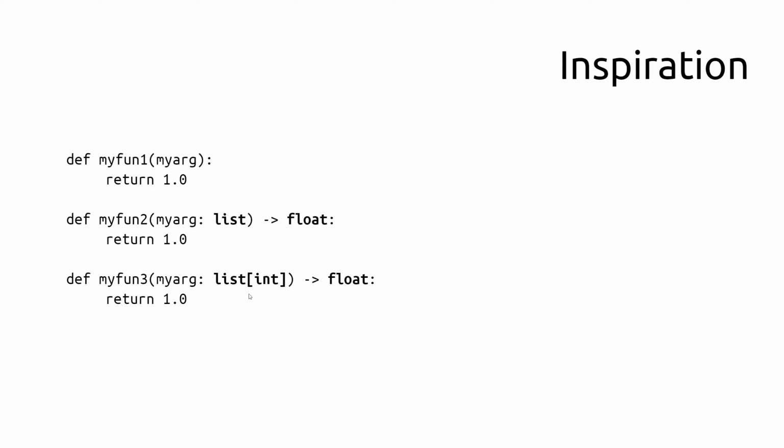So this integer in square brackets here is a kind of generic parameter. This list is a generic type. So with lists, you can have lists of anything, lists of strings, lists of integers, lists of floats. You specify lists of integers here for this function. So this is a standard Python interface, a standard Python API that you can use in your code today.